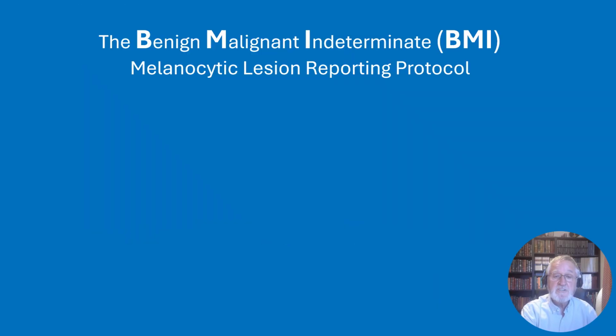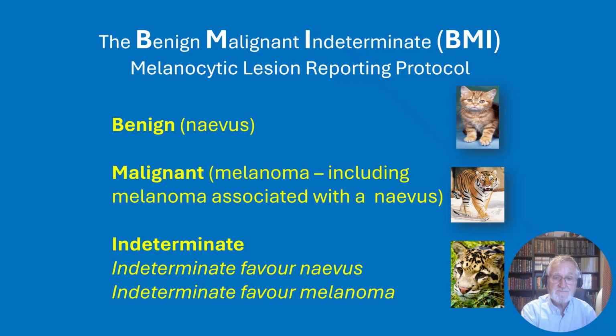We will introduce you to a new way of classifying melanocytic lesions, the BMI, or benign malignant indeterminate method. A benign melanocytic lesion is a nevus. A malignant one is a melanoma. And then there are some where the pathologist cannot differentiate between the two.